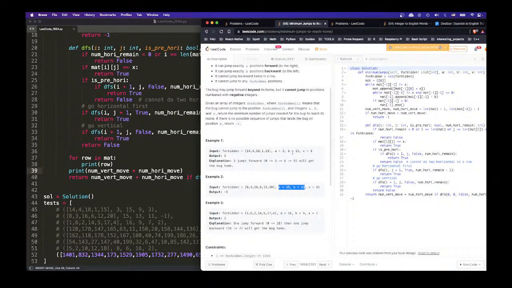Which means, like in the first case, we can go back 12, 9, 6, 3, 0. We can stay in the same position, and we can go forward 3, 6, 9.